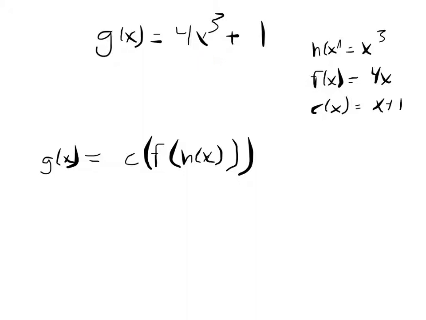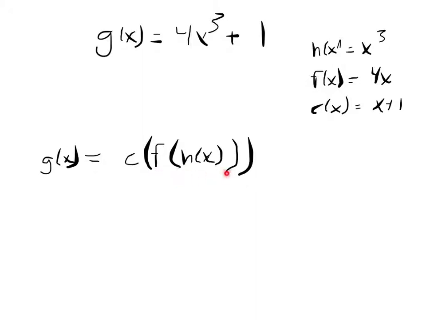Okay, so note here, we've got our first function, which is our cubing function, and that's an h of x. Our cubing function we called h. So we're going to take our x and we're going to do h to it. That cubes it. Then we've got that cube and we want to multiply it by 4. So that cube, that x cubed, becomes the input for f, and f is our quadrupling. So we're doing f of an output h of x.